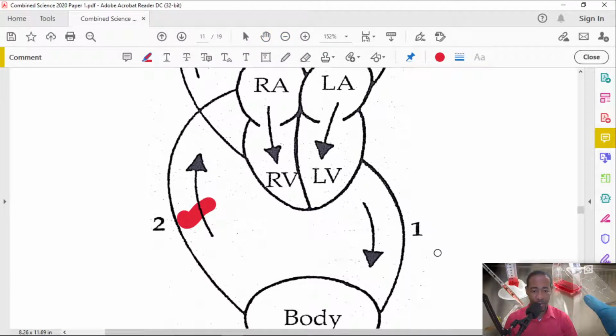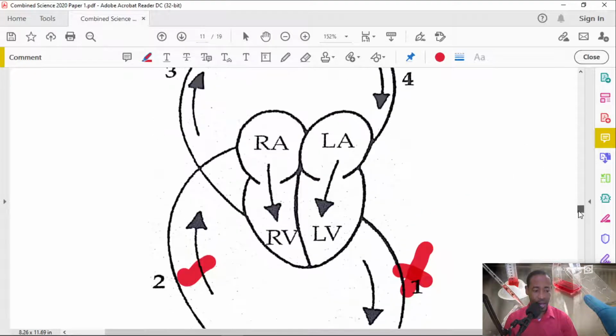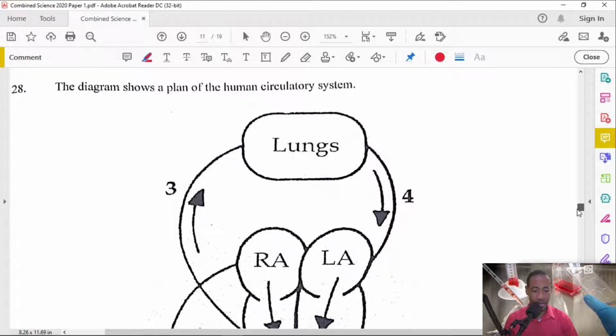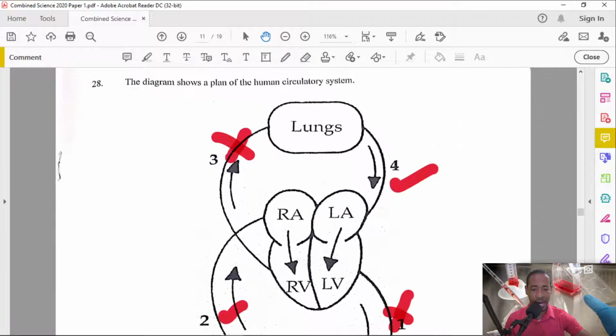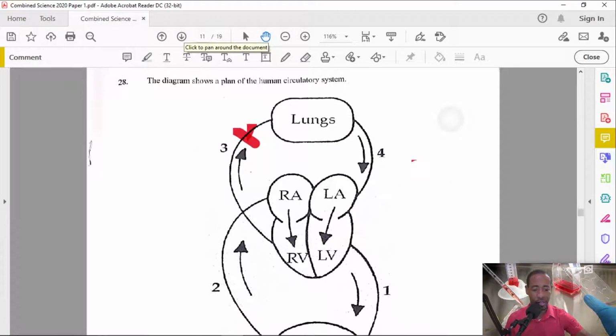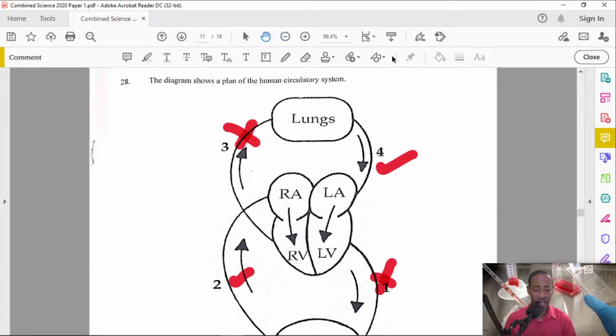Number 1 is coming away from the heart, so that is not an answer. Okay, and so let's go back to the top here now. Number 3 is going away, which is not correct. Number 4 is going to. Okay, so number 2 and number 4, they are both going towards the heart. So those will be the veins, okay? Those will be the veins. All right, so let's go down to the options now.